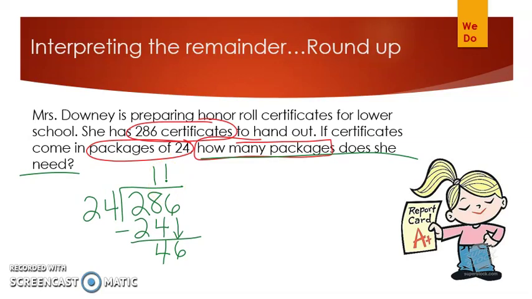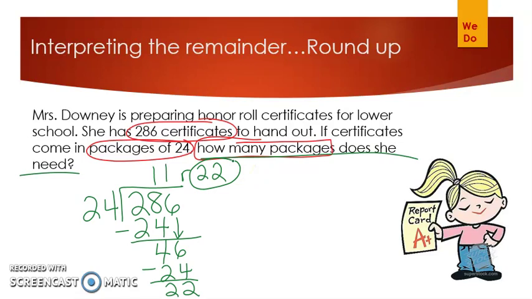So 24 times 1 is 24. And if we do our subtraction, we're going to get a remainder of 22. Well, we have 11 full packages, but we have a remainder of 22 out of the 24.